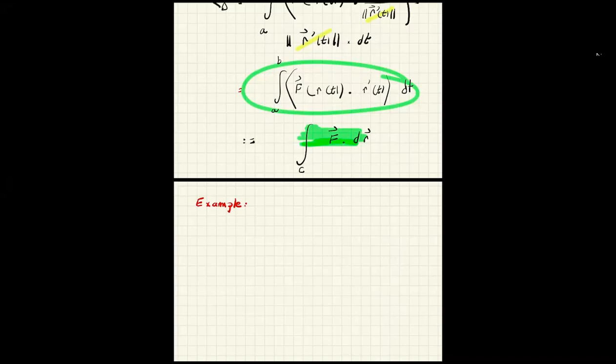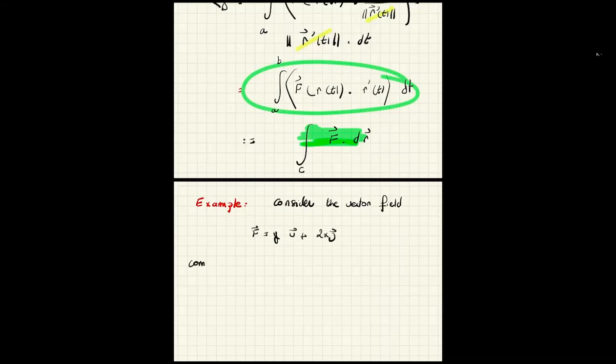Okay, consider the vector field F equal to y i plus 2x j.